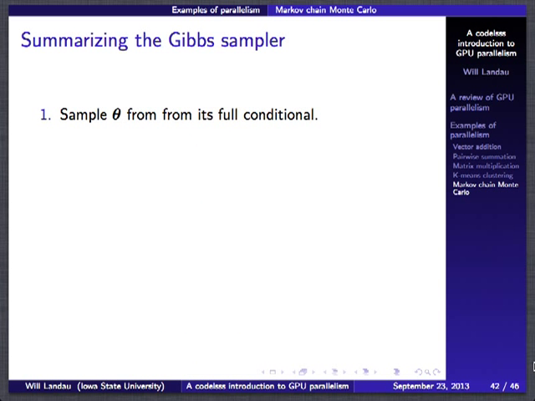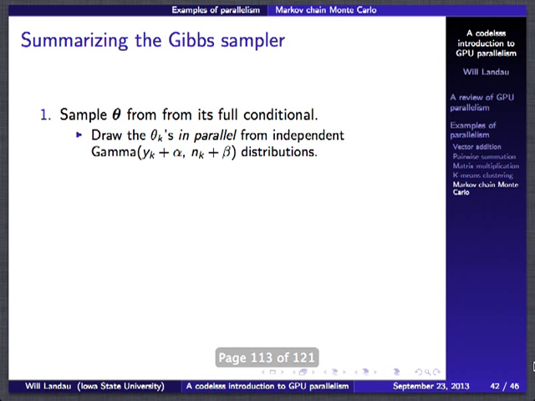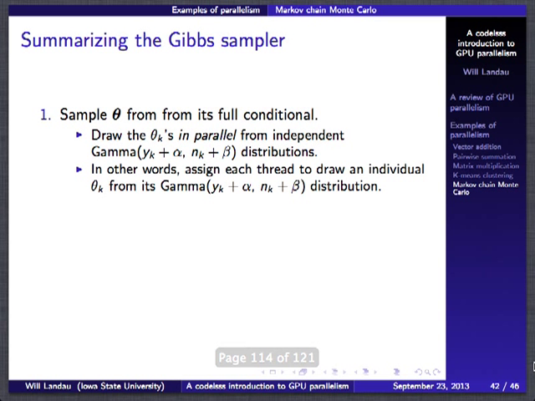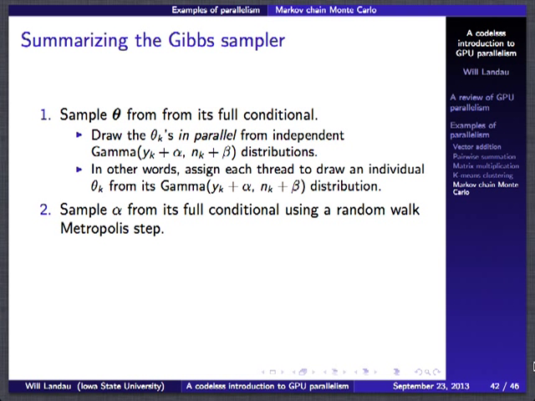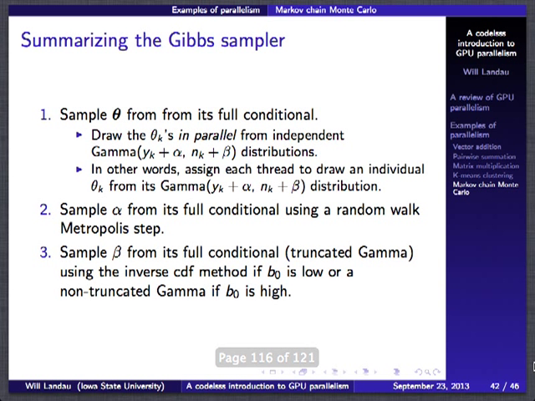And to summarize, we get the whole Gibbs sampler. We sample theta from its full conditional by drawing the theta k's in parallel from gamma distributions. We sample alpha using a random walk Metropolis once we have our thetas. And once we have theta and alpha, we sample beta again from its full conditional, which is in reality a truncated gamma, but if B naught's high enough, we don't need to actually do any truncation.